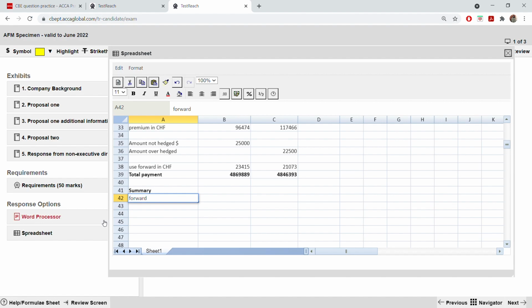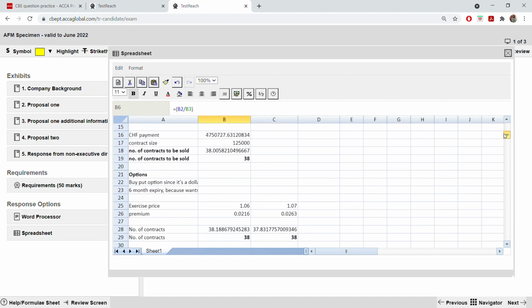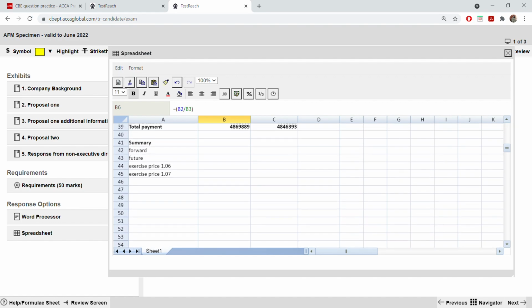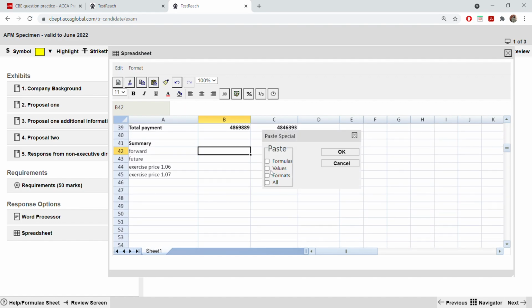Forward, future, exercise price 1.06, exercise price 1.07. So under forward, you just go up and copy paste, paste special and just again click OK, values.